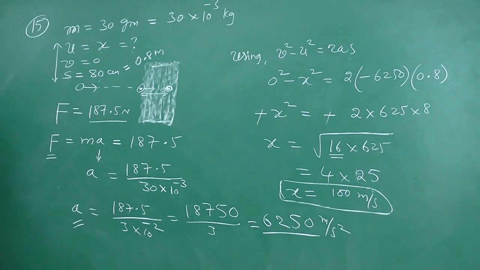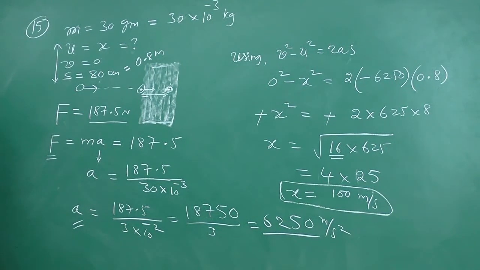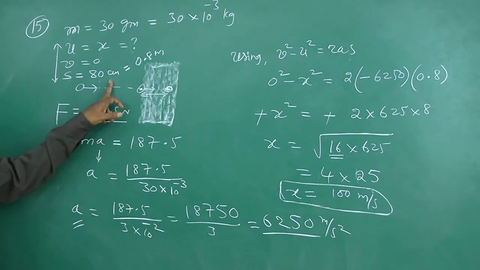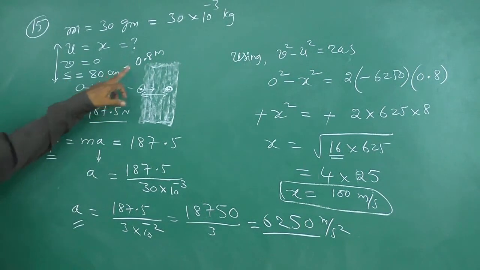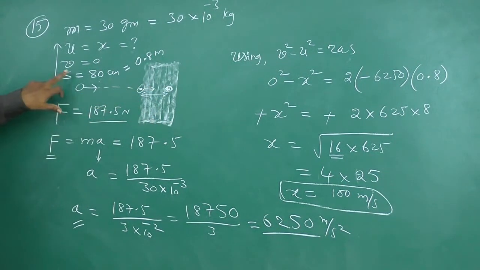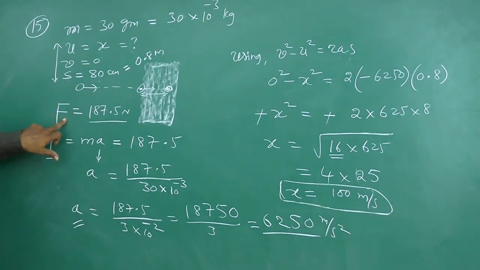So we have to calculate the initial velocity, which is represented by x, and finally the bullet is stopped after penetrating through a distance of 80 centimeter. So here S is 80 centimeter, that is 0.8 meter. Finally, because it stops, the final velocity is 0. And the retarding force, the opposing force, is given as 187.5 Newton. But we know that F is equal to ma.